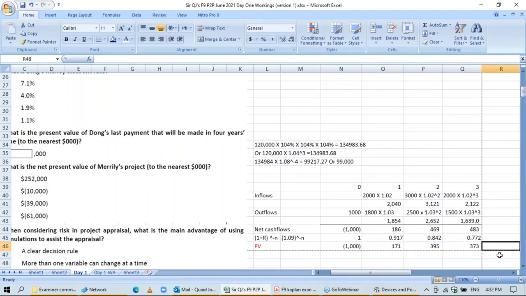So students, this gives you the net present value, which is 61, and which is negative.